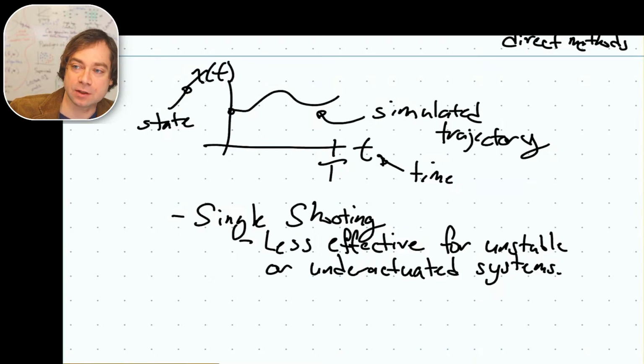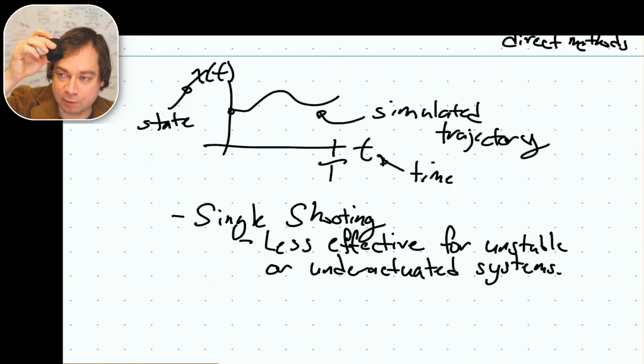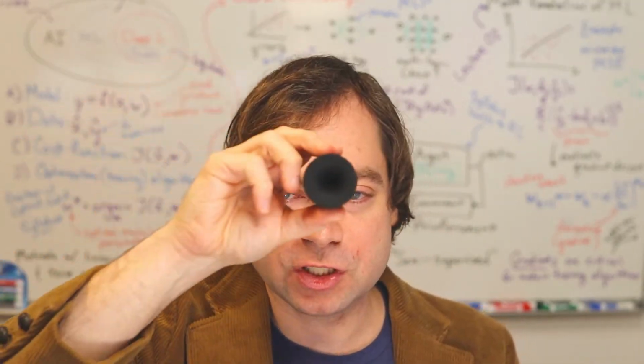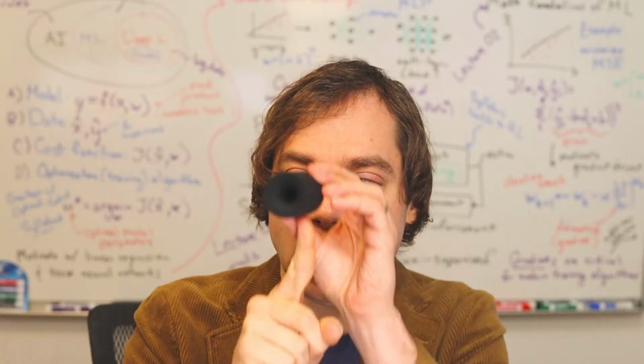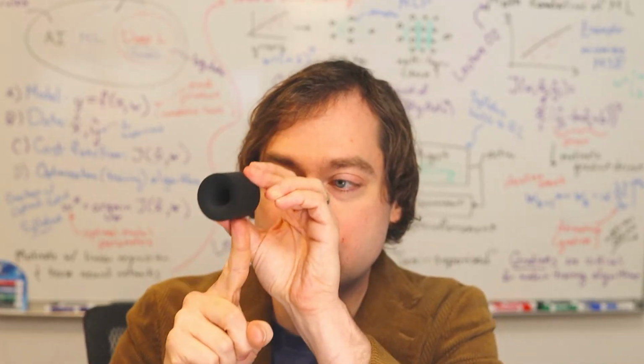For instance, I have this little object right here in front of me. It can move, let's just say in this plane, up, down, left, right. But let's say I only have a force that I can apply up or down. I don't have the ability to push left or right.